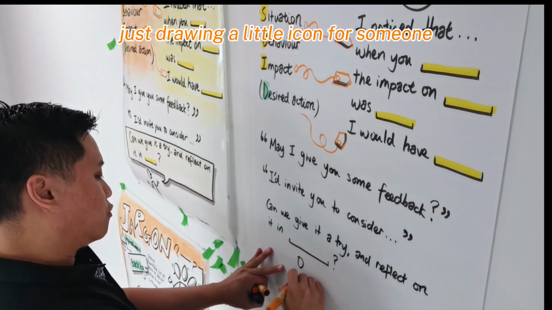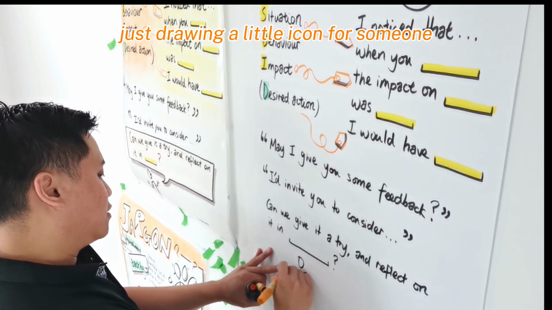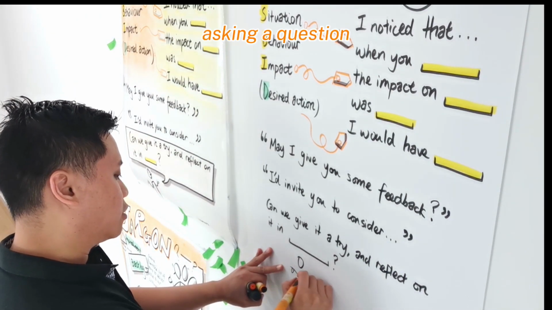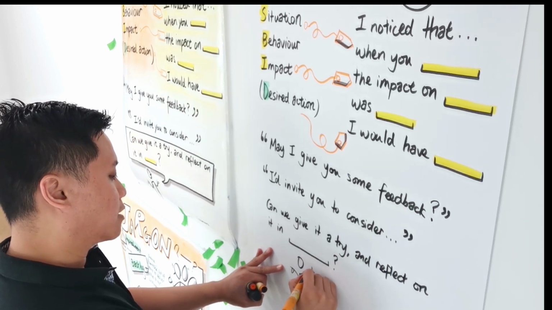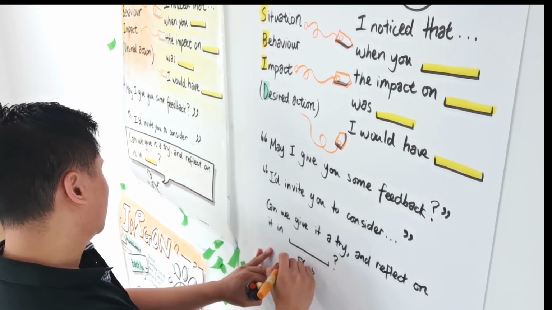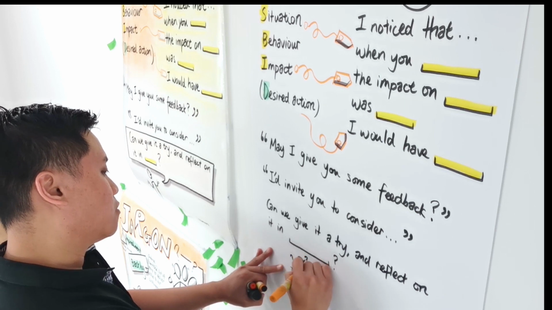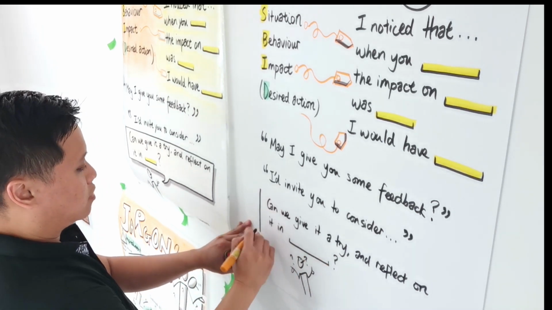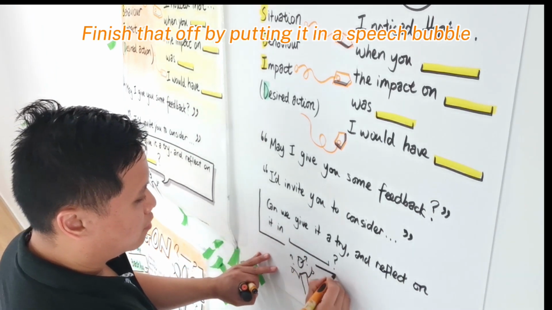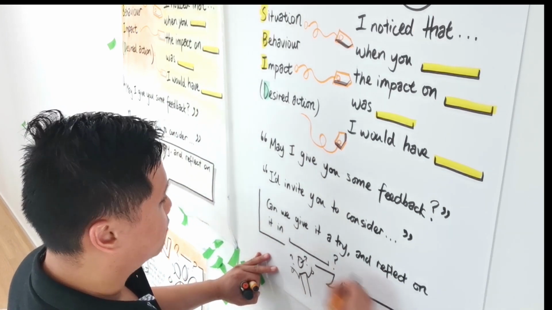Right, just drawing a little icon of someone asking a question, simply asking a question. Let's just finish that off by putting it in a speech bubble.